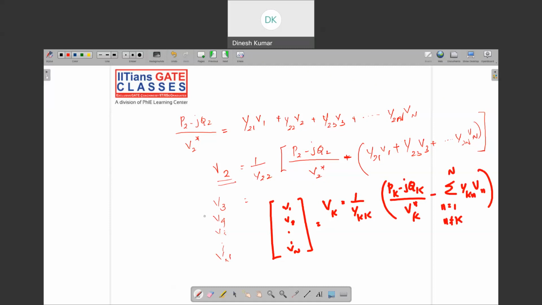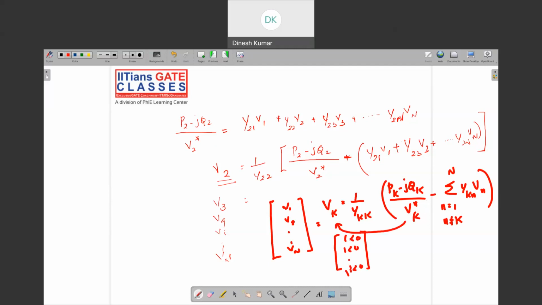Now we can consider some initial values for V, right? So we can take everything as 1 angle 0, or some initial guess, and that can be substituted here, right? Then we will get a new value of Vk, right?